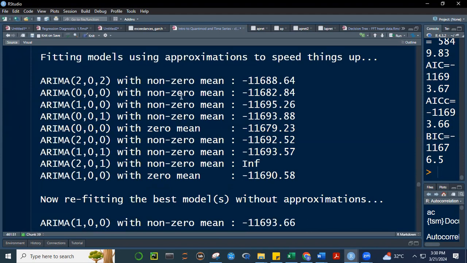ARIMA(2,0,2) ba? ARIMA(0,0,0), may ARIMA(1,0,0) siya, etc. Okay, with non-zero mean, with zero mean. So you can notice here na may mga models na non-zero mean at saka zero mean. Ibig sabihin ng zero mean, yung model natin walang average, walang mean.